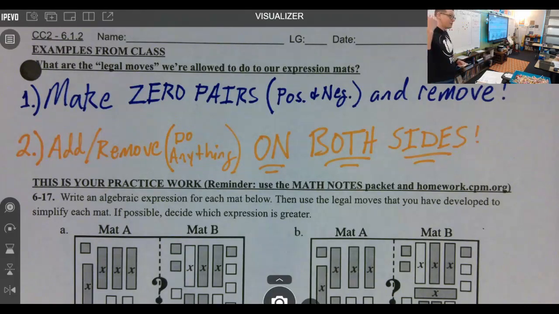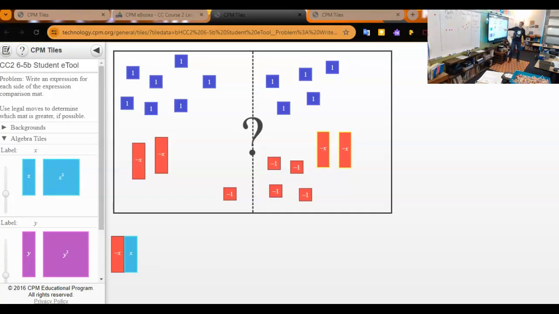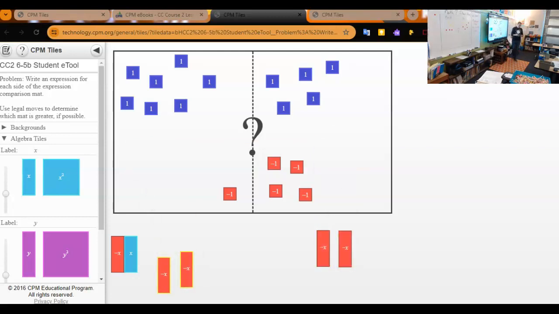But it's helping people remember the trick with algebra is on both sides. So if I go back to our algebra mat and do what Kamal told me to, remove those -2, remove those -2, what else, Jane, can I do on both sides? Ooh, I could remove one negative from both sides.